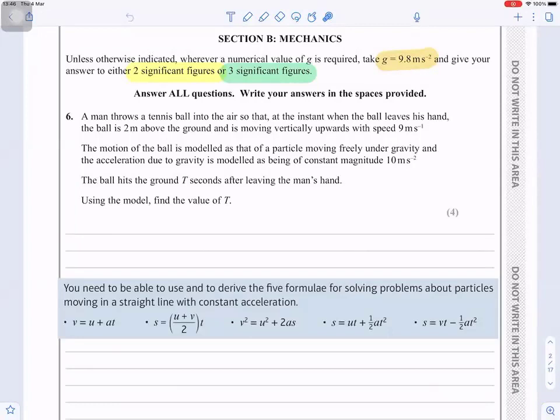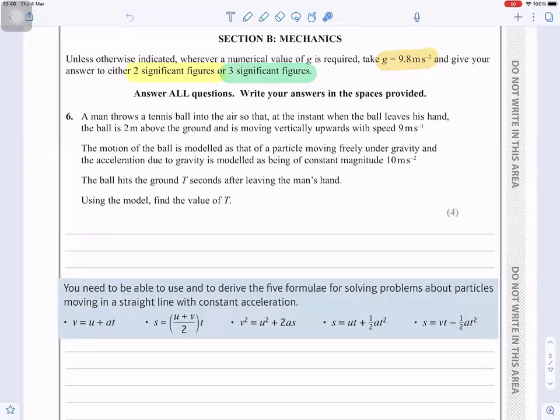Unless otherwise indicated, wherever a numerical value of g is required, use 9.8 meters per second squared and give your answer to either 2 significant figures or 3 significant figures. Question number 6. A man throws a tennis ball into the air so that at the instant when the ball leaves his hand, the ball is 2 meters above the ground and is moving vertically upwards with speed 9 meters per second.